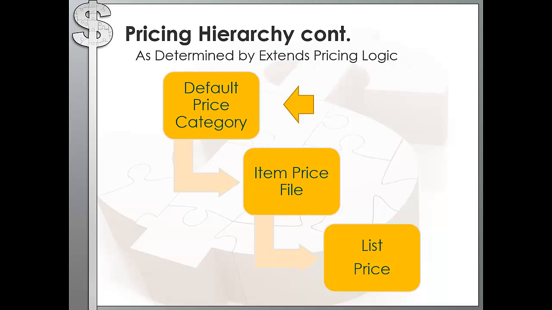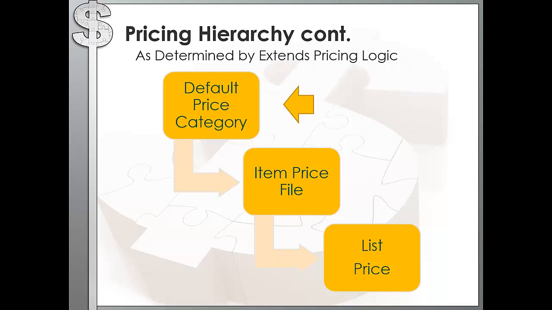So now finally, if we don't find a customer pricing record, then we might go down and hit the next step in our hierarchy, which would be the default price category. The default pricing category allows for using a default pricing matrix by item and/or item price class, which the system would use for price lookup when no customer price code or price category is assigned to a customer or order.